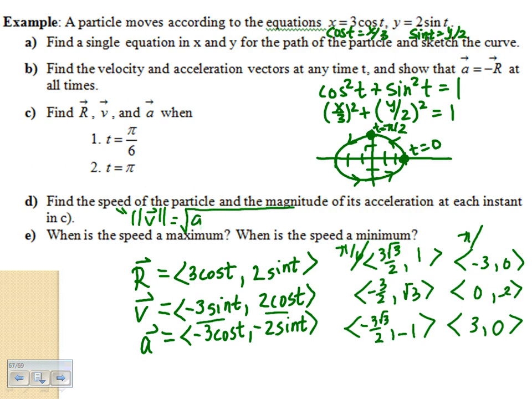So we have 9 sine squared t plus 4 cosine squared t.